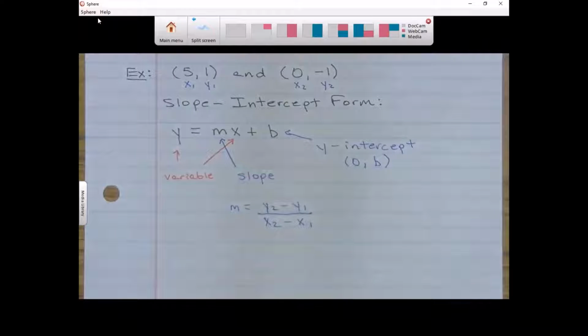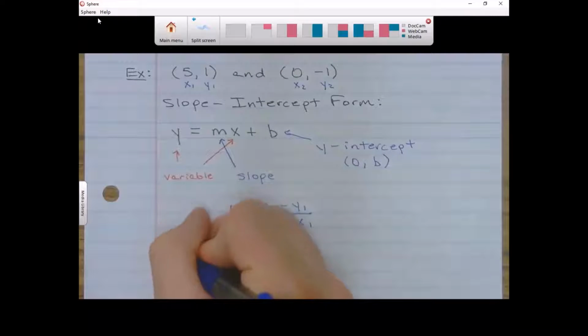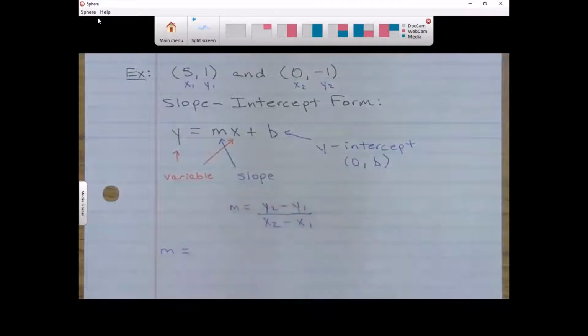I want to feed all 4 of those numbers into the slope formula. On the top, I'm going to have y2 minus y1, which would be -1 minus 1. On the bottom, I'm going to have x2 minus x1, which is 0 minus 5.